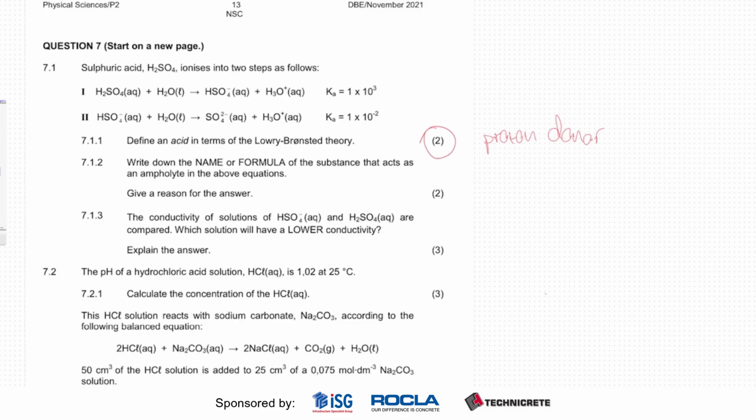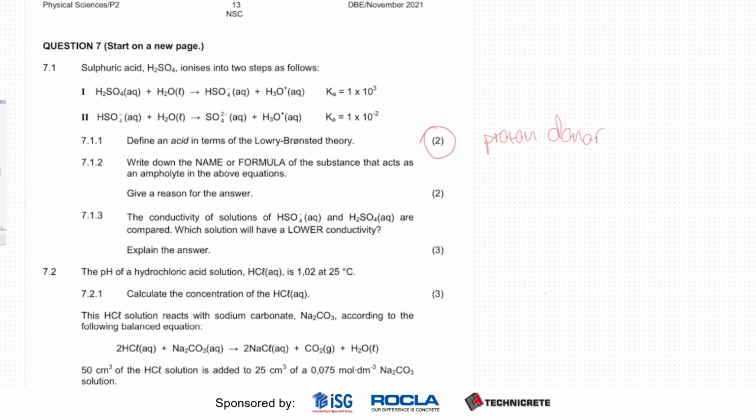Write down the name or formula of the substance that acts as an ampholyte in the above equations. Ooh, so they've thrown us a bit of a different word, a word that depending on your teacher you may not have heard before.